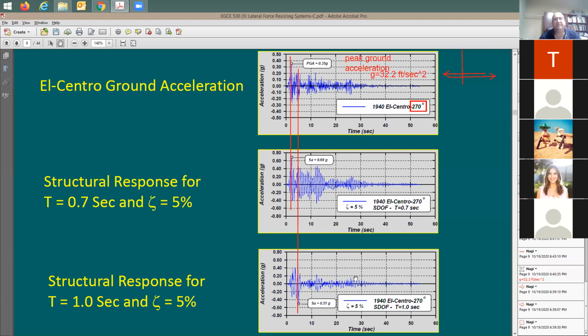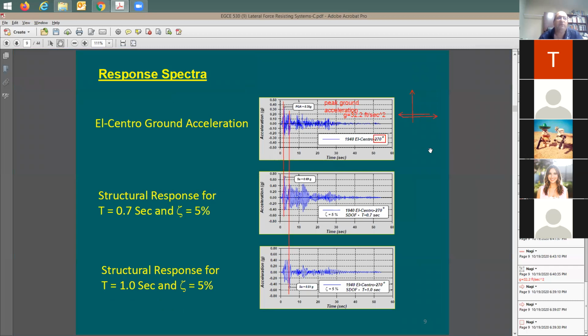So let's use the same software. I'm going to bring here the building of 0.3 seconds, put it under this earthquake record, and see how much is the maximum acceleration that the building itself is going to see. If you have the maximum acceleration of the building, multiply that by the mass, and it's going to give you the maximum force that this building is going to be exposed to.